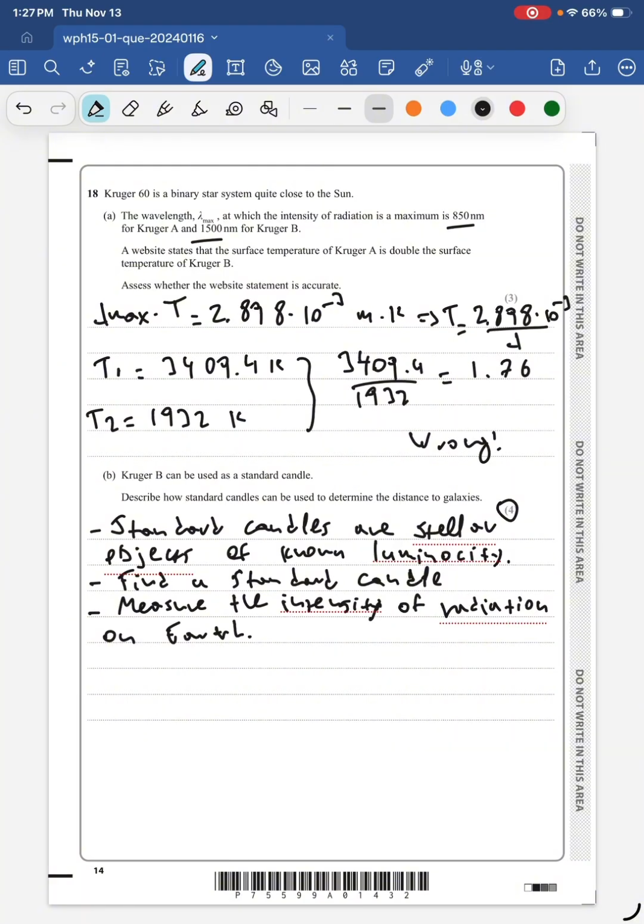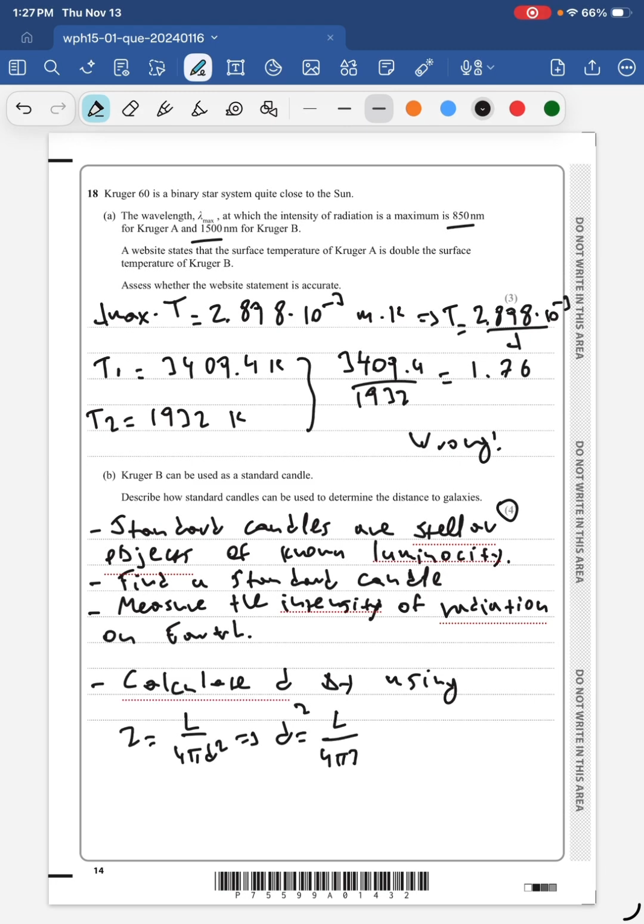And then once you know that intensity, calculate the distance. So calculate D by using the radiation law, which tells you that I is L over 4 pi D squared, so D squared is L over 4 pi I, and you can find the distance. So the magic here is that you know the luminosity of this object. Once you know the luminosity, all you have to do is measure the intensity of radiation on Earth and then calculate the distance.